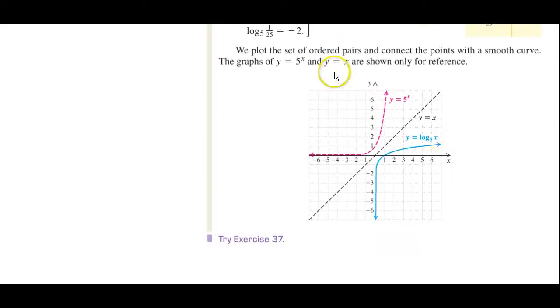Now when we plot the set of ordered pairs and connect the points with a smooth curve, you might say, oh, look at this. Similar to what we've done before.